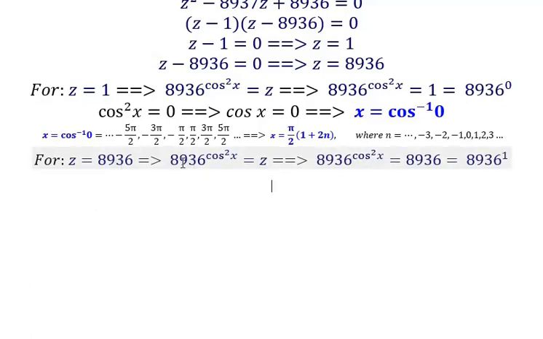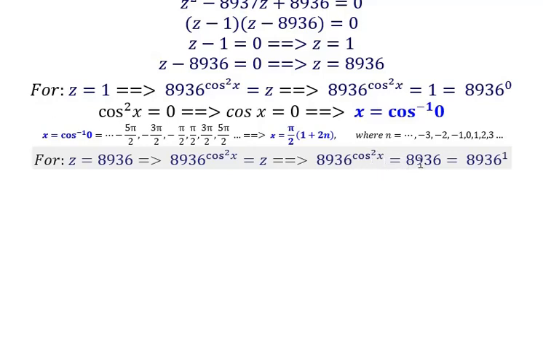Then for z equals 8936, 8936 to the power of cosine squared x is equal to z, but z is equal to 8936.